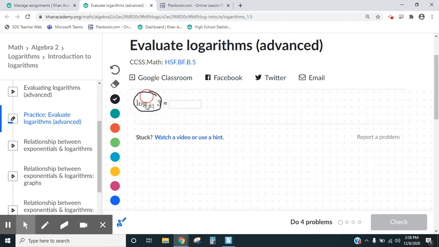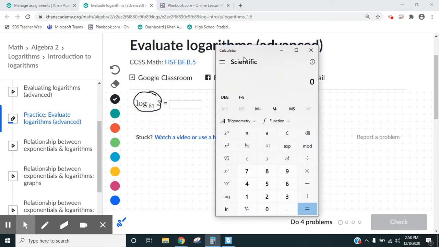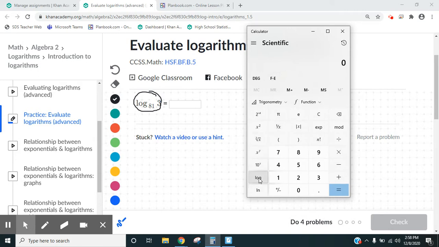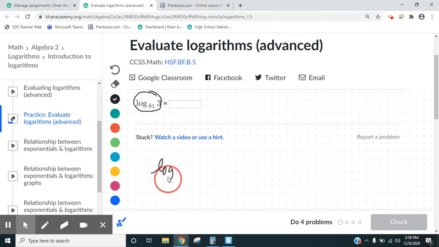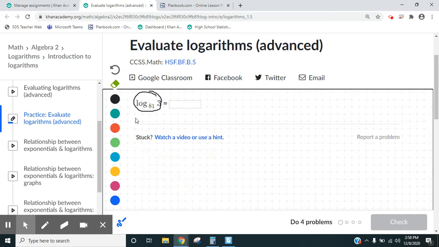Most calculators are like this one, where the log button doesn't have a little base button. A Casio definitely has a button that looks like this, log, with a square down there and a square here. And you can simply type it in, and that's fine with me, right?